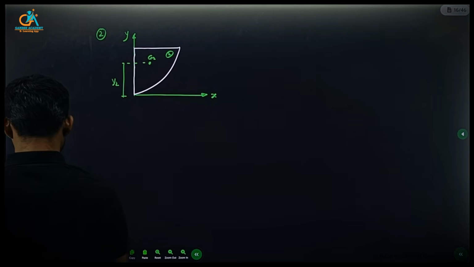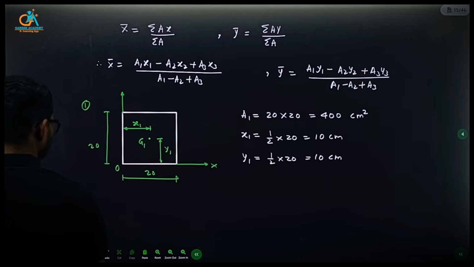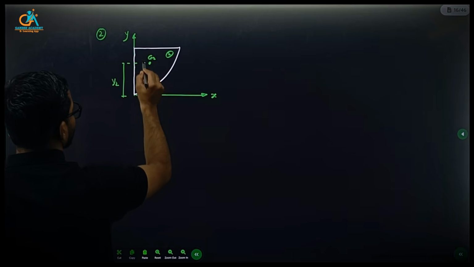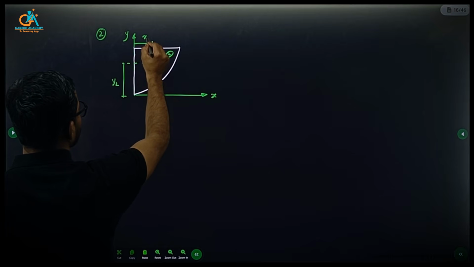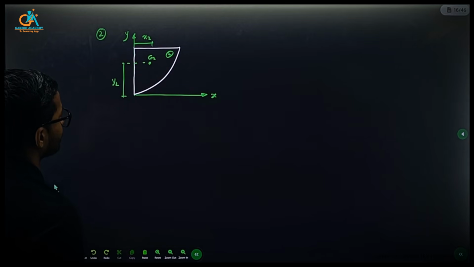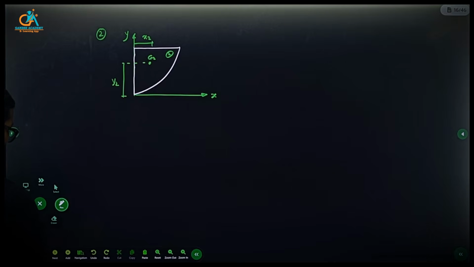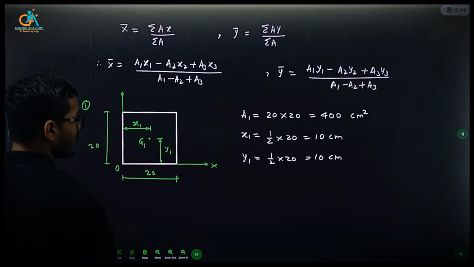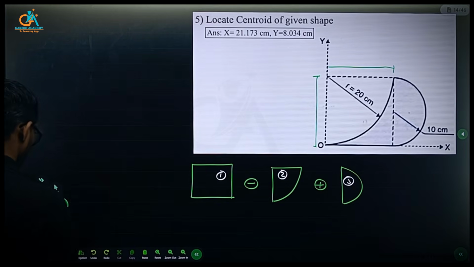This is G2 centroid. And ये डिस्टेंस होगा x2, राइट? The radius is 20 for this quarter circle.